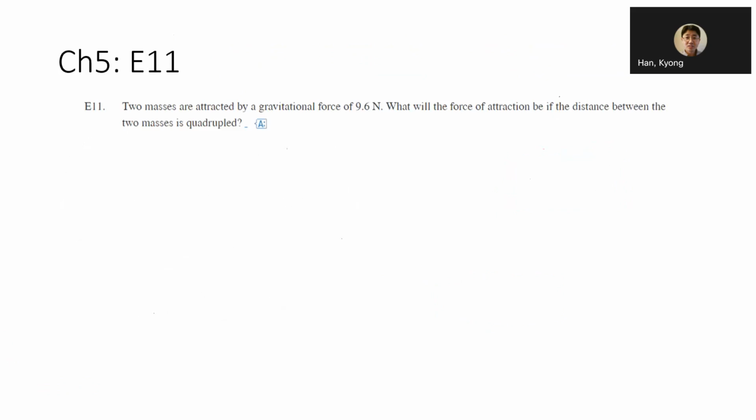The other question is E11. Two masses are attracted by gravitational force. Say this is object 1 and this is object 2, with forces F12 and F21. The gravitational force F12 is equal to F21 in magnitude, say 9.6 Newtons.